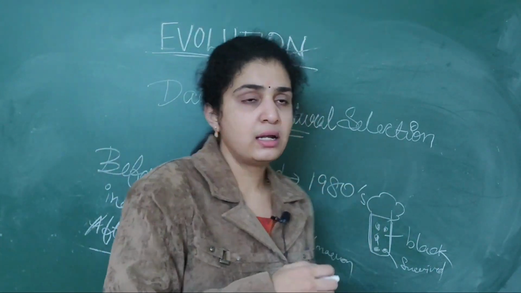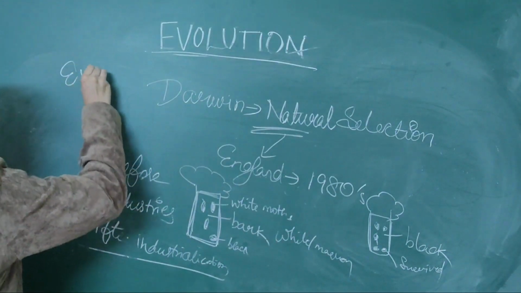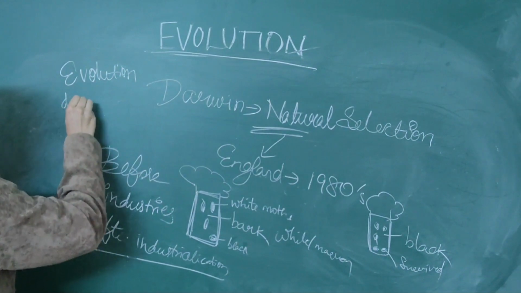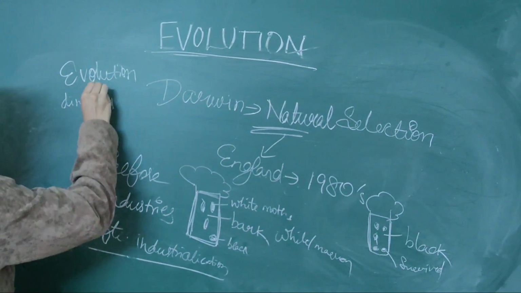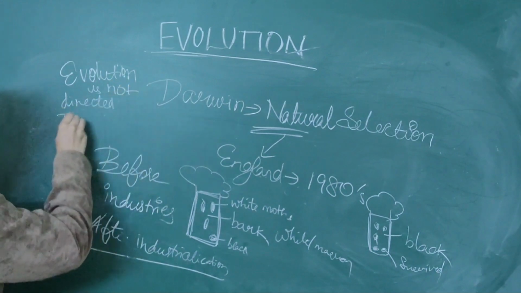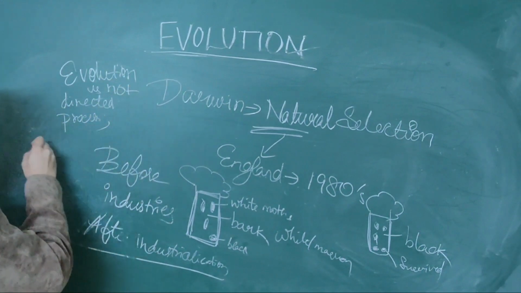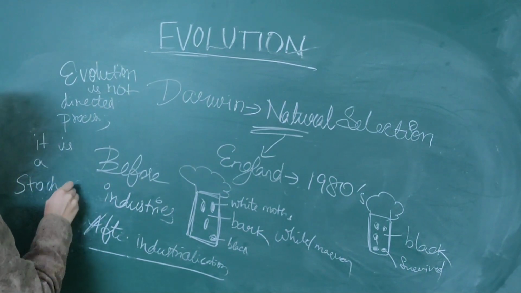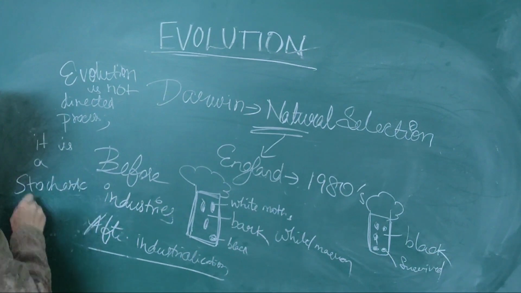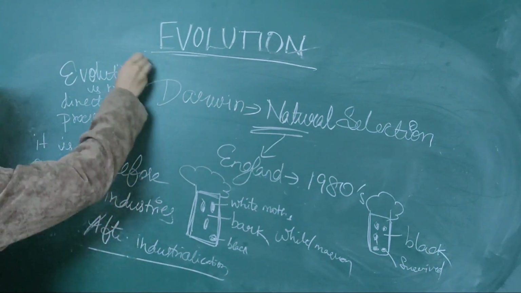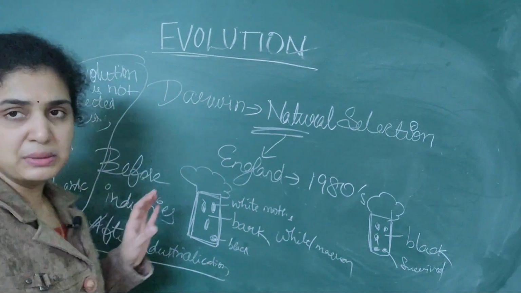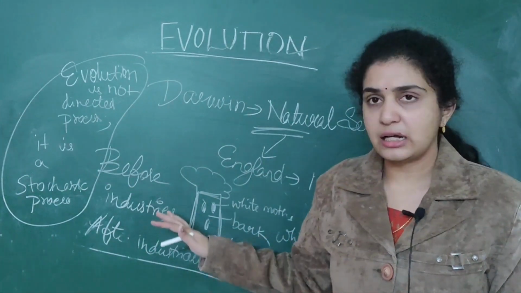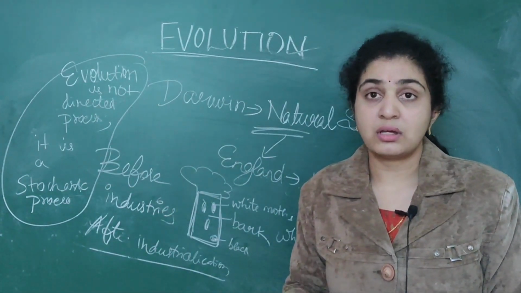Hence, we can prove that evolution is not a directed process. It is a stochastic process. So this theory was basically proved by this experiment. Evolution is not a directed process, it is a stochastic process.